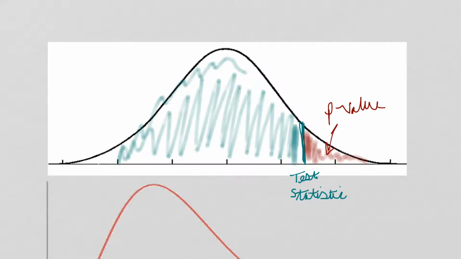So we have our test statistic, we have our confidence interval, we have our alpha level. So if we calculate our p-value, it's important to know that p does not stand for population, it stands for probability.